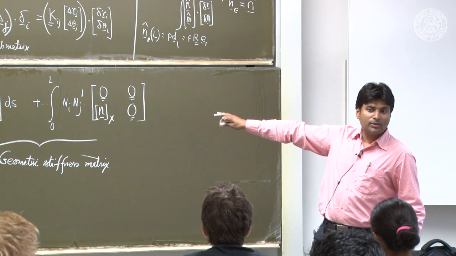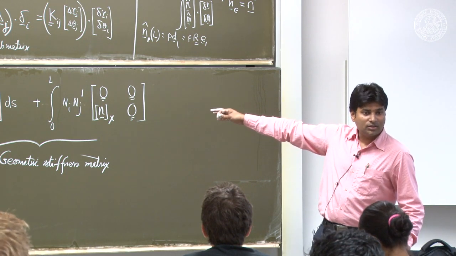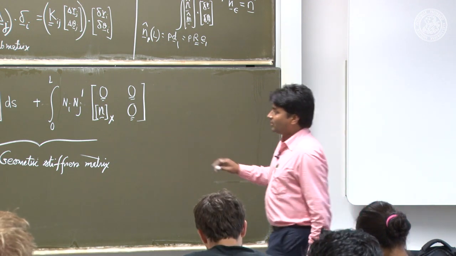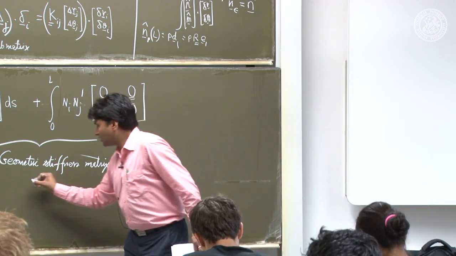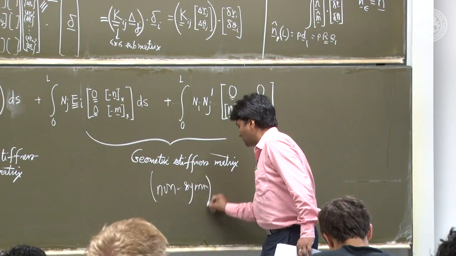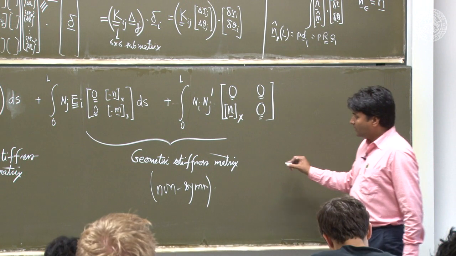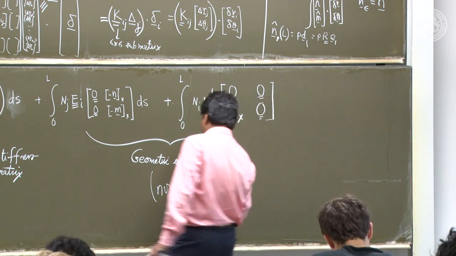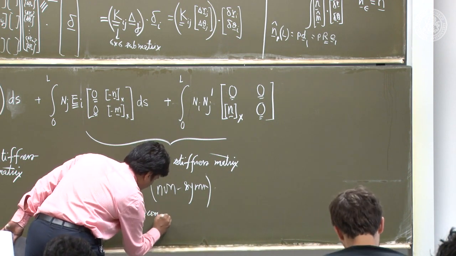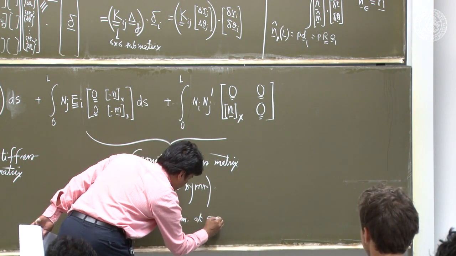So at equilibrium this matrix becomes symmetric, but at any other configuration it is not symmetric. As you see right now, this is non-symmetric, but it becomes symmetric at equilibrium. So I will just write here it is non-symmetric and becomes symmetric at equilibrium.